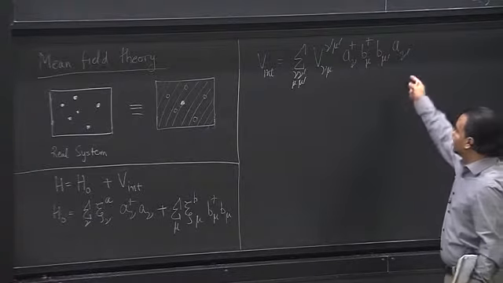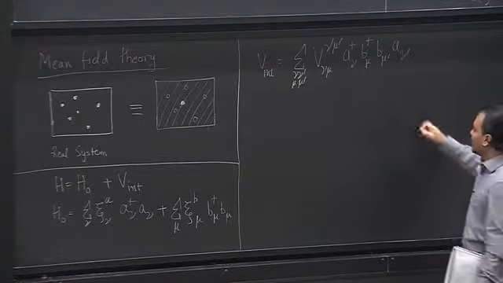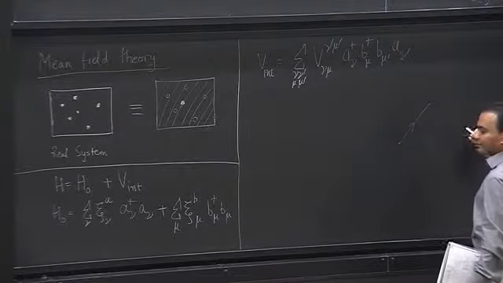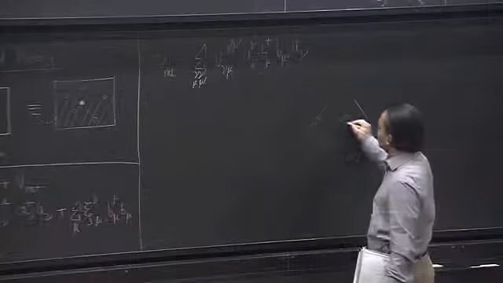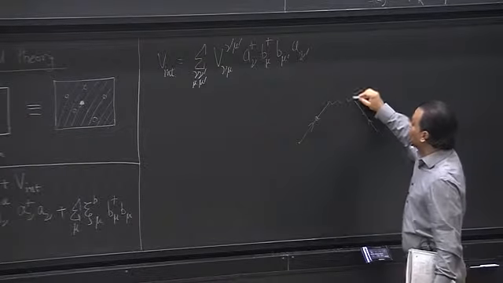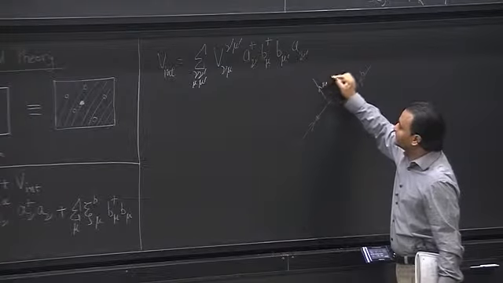So what that really means is, if you think of it in terms of a diagram, you have an A particle and a B particle. Let's draw the B particle also with the same color. So this is the A particle, this is the B particle coming in, they will interact, and then the B particle and A particle go out.